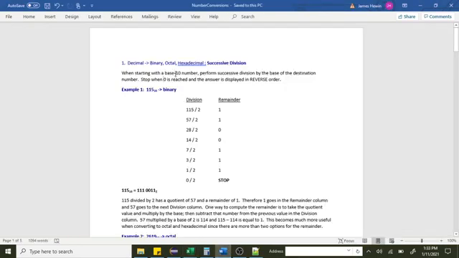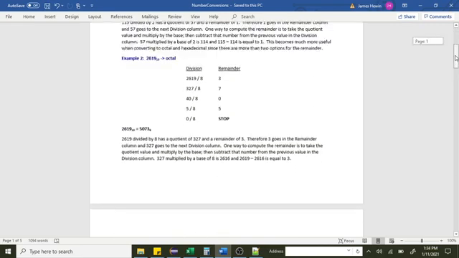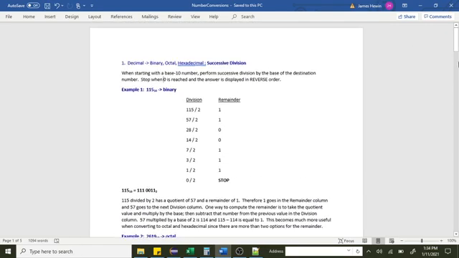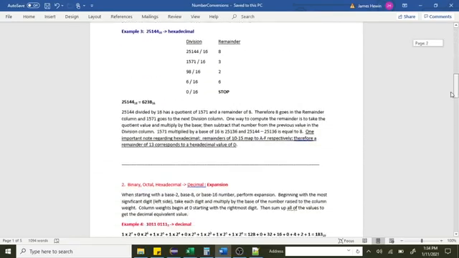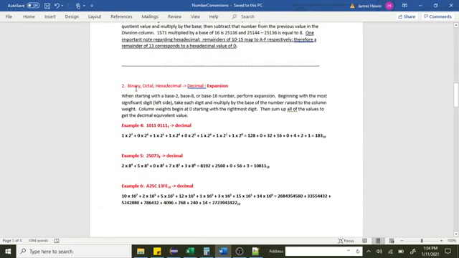I've broken this up into four categories. The first category is where you start with a decimal number and convert to either binary, octal, or hexadecimal. The second group goes the other direction: you start with either binary, octal, or hexadecimal and go to decimal, so you're going in reverse.